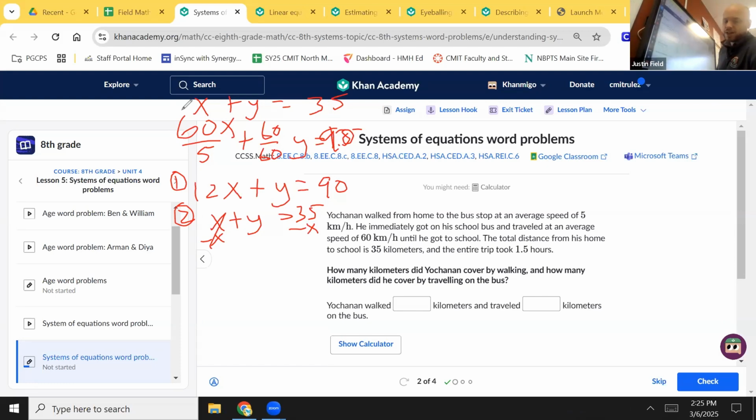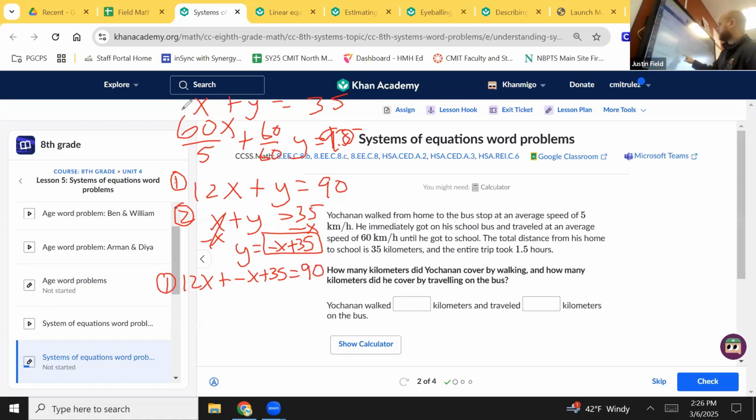So you take equation 2 and put it in slope-intercept form. So y equals negative x plus 35. Remember that? Then we take the mx plus b part and we're going to substitute it into equation 1. So for y, right? So 12x plus negative x plus 35 equals 90.